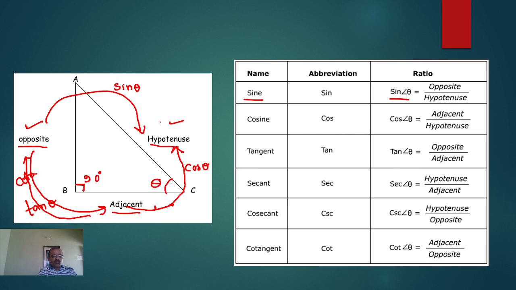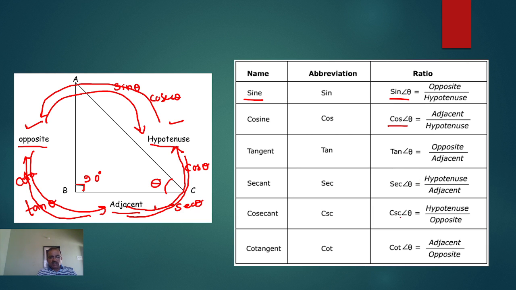Then hypotenuse upon opposite becomes cosec theta, and hypotenuse upon adjacent becomes sec theta. So on the right hand side, tan theta is opposite upon adjacent, cot theta is adjacent upon opposite, cosec theta is hypotenuse upon opposite, and sec theta is hypotenuse upon adjacent.